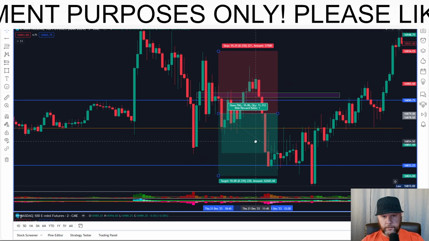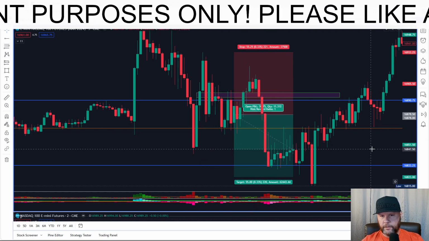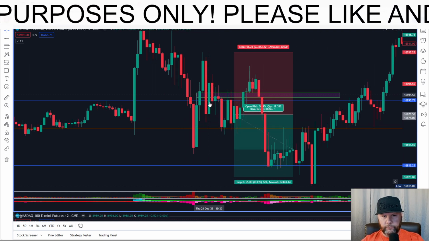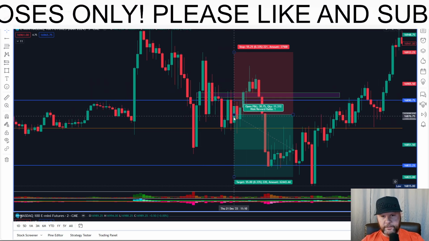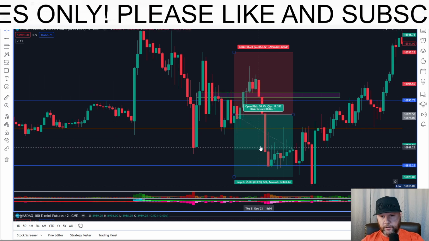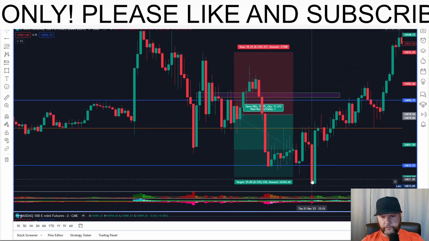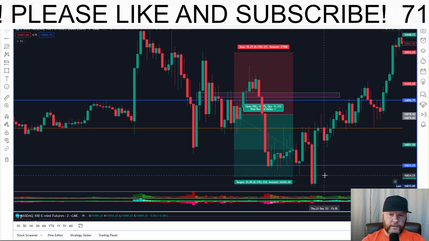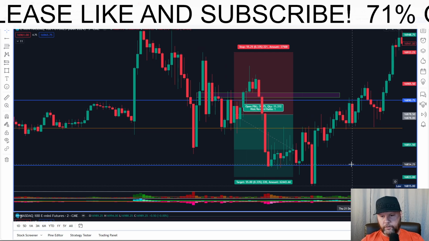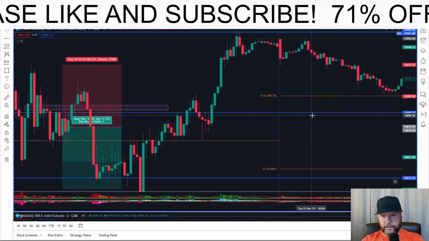Okay. Let's slide this over so we can see. So you can see we got short right here for the close below the gap on this candle here. We did take some drawdown on this one, but ultimately it hits the target over here for 55 handles. So 3 winners, 3 losers right there going into Friday here, it looks like.